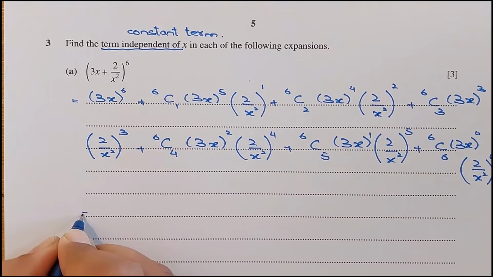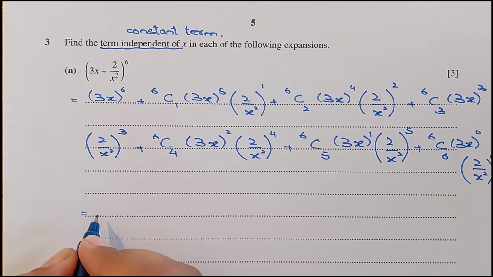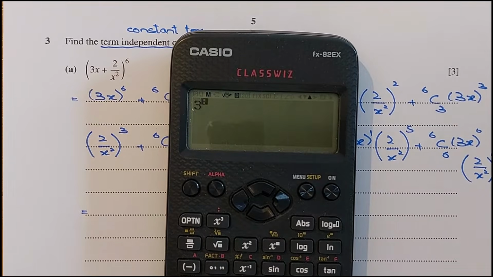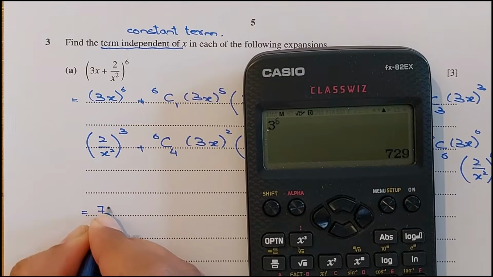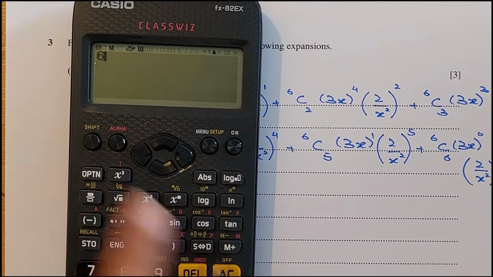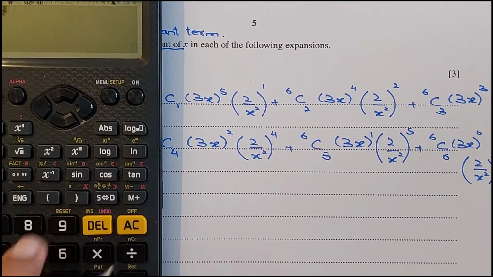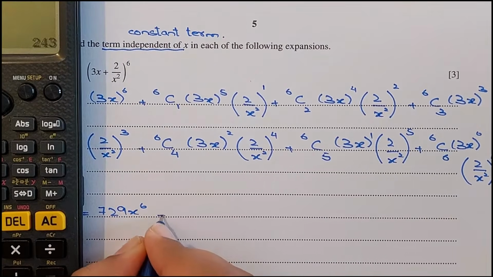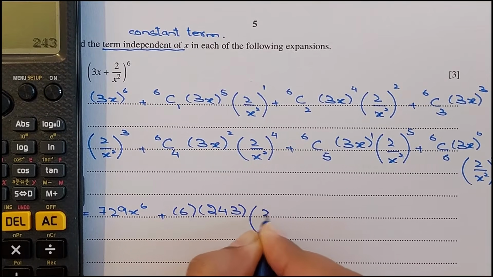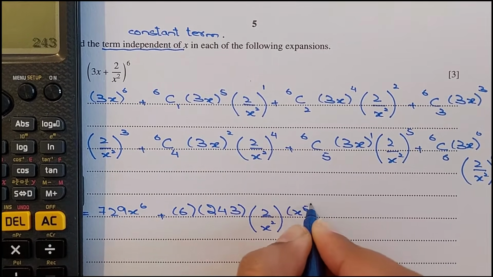So let me simplify each of the terms. So in this we can just find the constant term. Okay, so 3 power 6 is 729 x power 6, right? And what is 6c1? 6c1 is 6, and 3 power 5 is 243, and we have 2 by x square, and this is x power 5 as well.